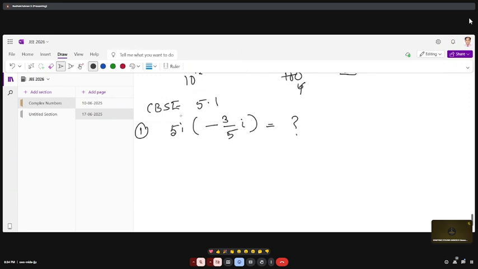Simply multiply, no? Just multiply them all. It's a simple expression, right? So I've written it on the board. So what do you get? This 5 and 5 will get cancelled. So if you multiply i and there is a minus, then there is a 3, and i square. Minus 3i square, right? Do you understand? Plus 3, yeah. Because this is minus 3 into i square, and i square is minus 1. That will become plus.